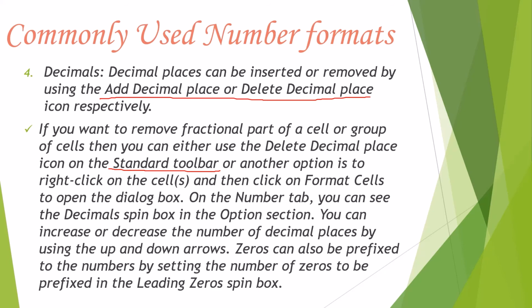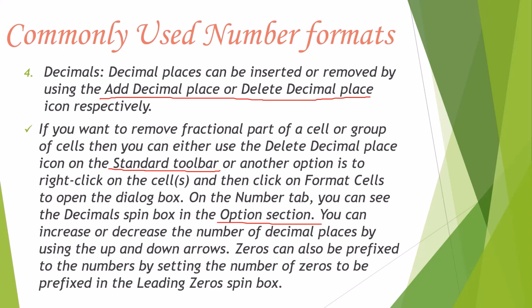Then you can see the decimal places spin box in the options section. Here you can increase the number of decimal places by using the up arrow and decrease them by using the down arrow.